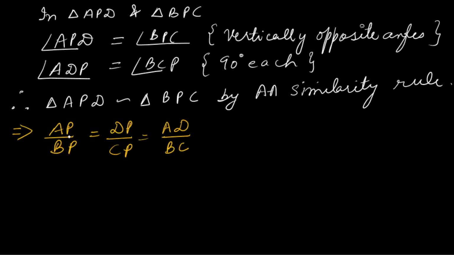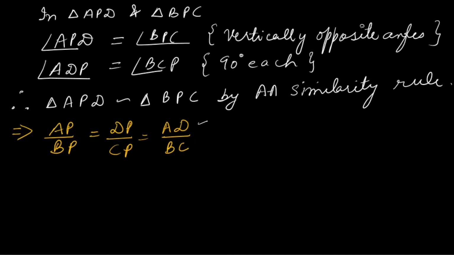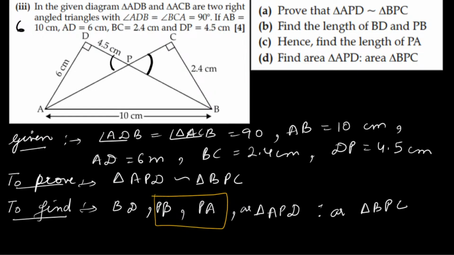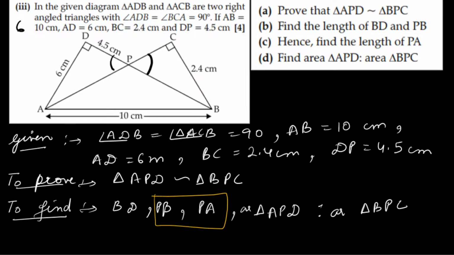AD is given to us. Then in this one, which thing do we know? DP and AD. DP, AD, BC.